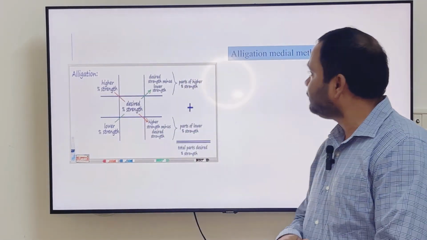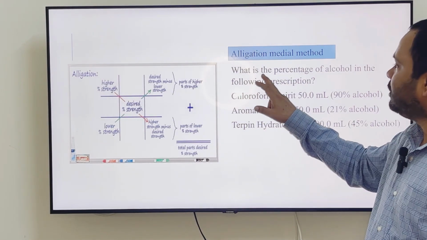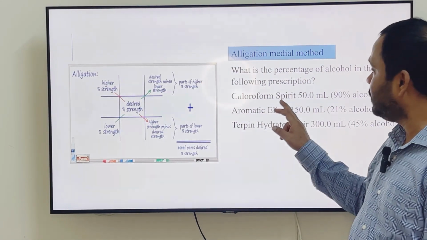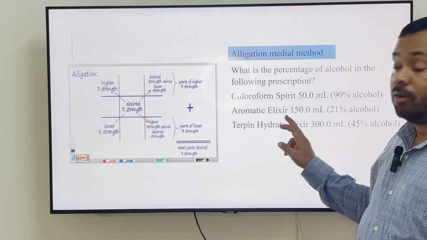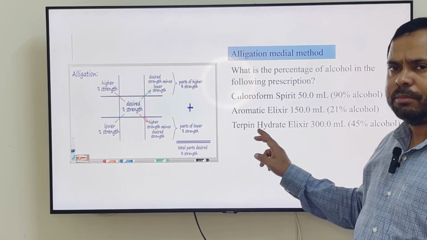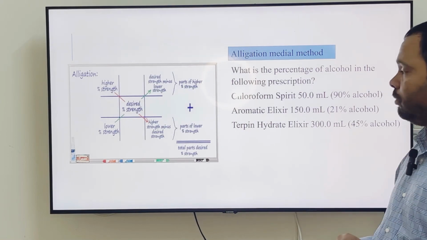For this method, suppose I have taken a problem: what is the percentage of alcohol in the following prescription? Chloroform spirit 50 ml, 90% alcohol; aromatic elixir, 150 ml and 21% alcohol; terpene hydrate, 300 ml and 45% alcohol.